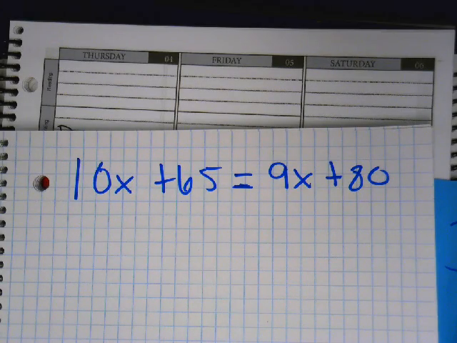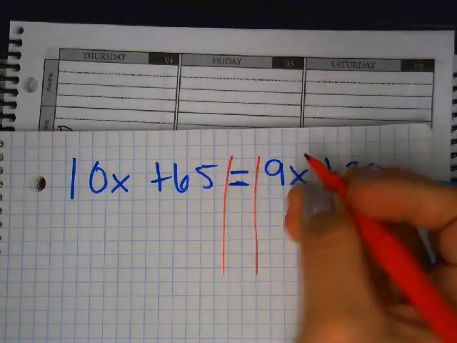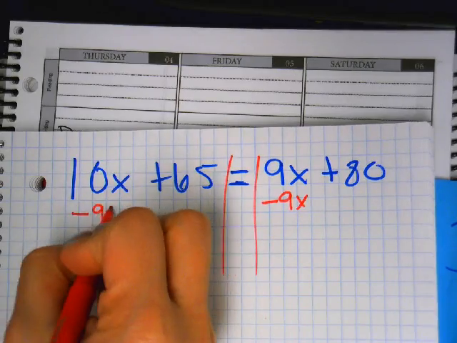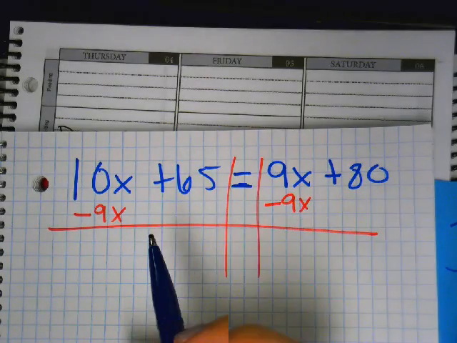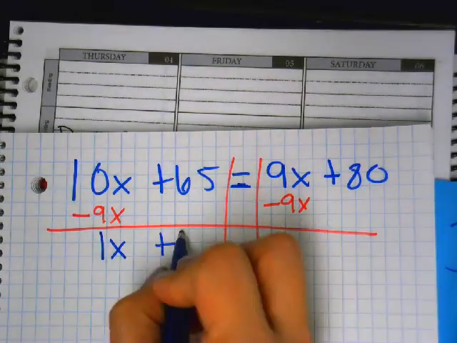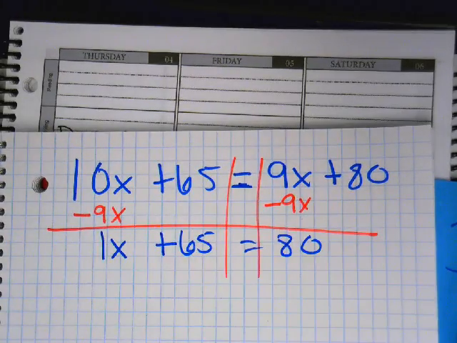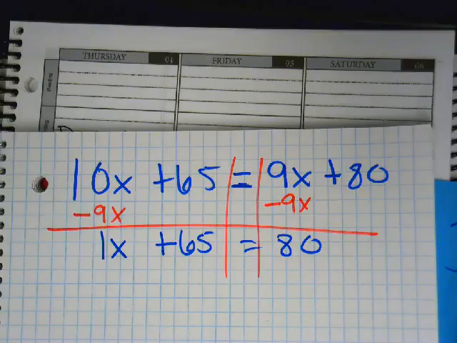I want this to be a 0, so what's 10x minus 9x? All right. Now what?